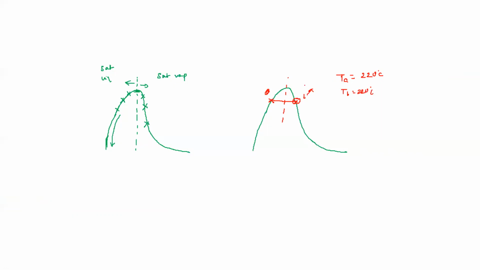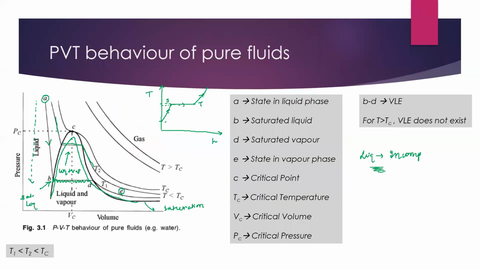This is the significance of the saturation curve. Towards the left of the peak, you find saturated liquid, and at the same temperature and same pressure towards the right, you'll find the saturated vapor.